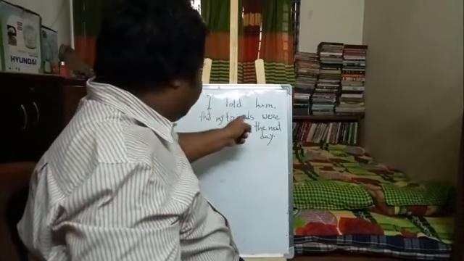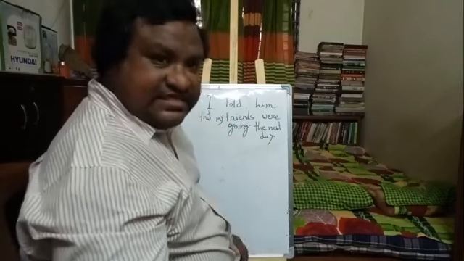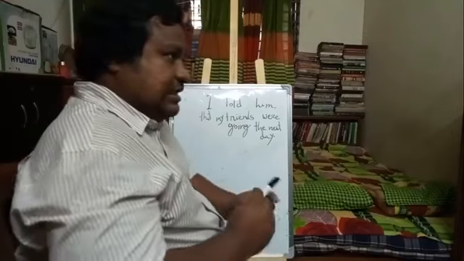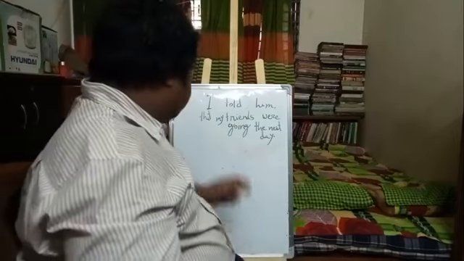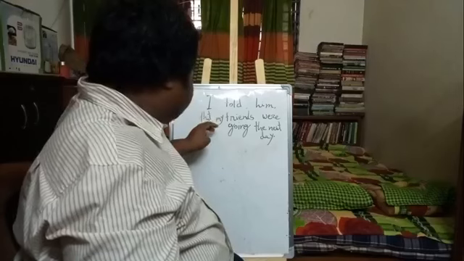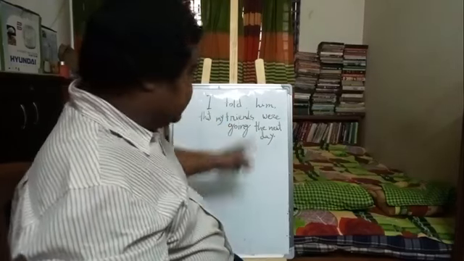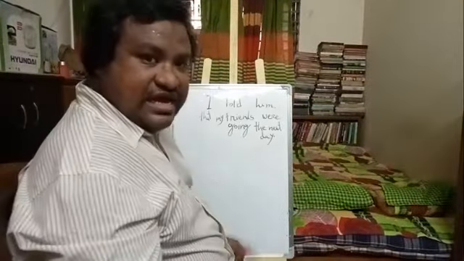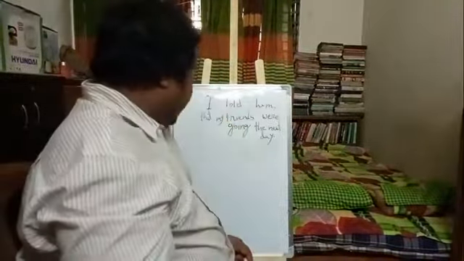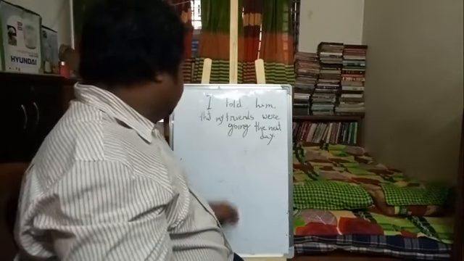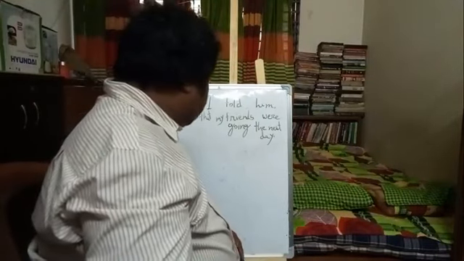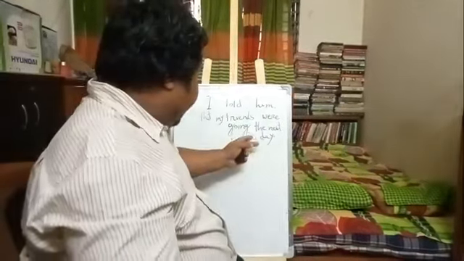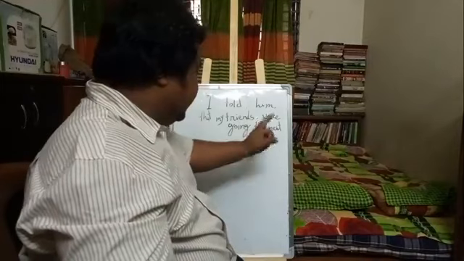I told him that my friends were going the next day. Okay. Now, what we are doing is, I am using this that, then my friends, instead of are, I am using were, instead of coming, I am using going, and as there was tomorrow, I am using the next day.